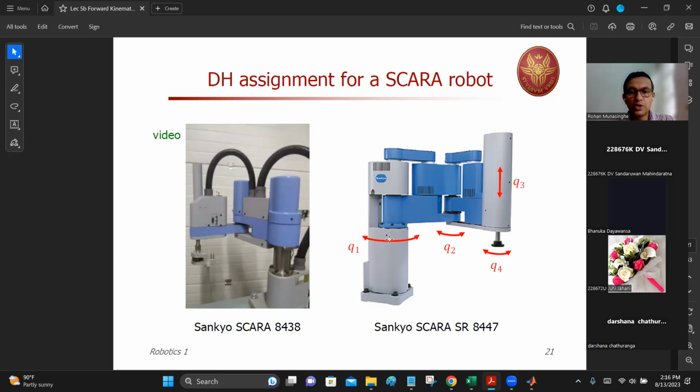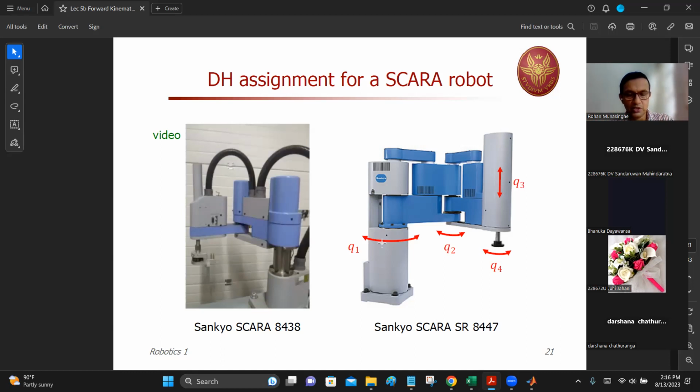Of course, you can see this gray box here is the base. So this should be the base, the 0 frame. So assigning the coordinate frame to the 0 frame is arbitrary. You can place it anywhere. As we described just a while ago, let's look at the first frame in the home position.